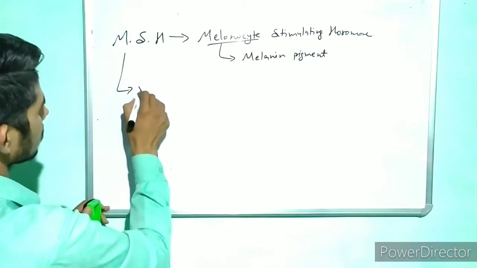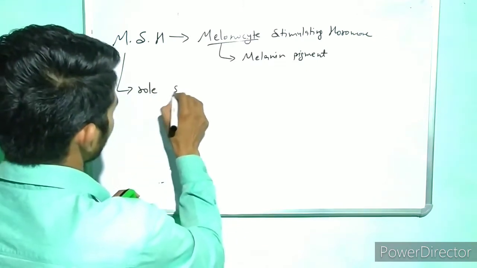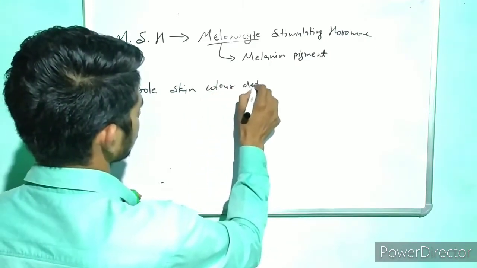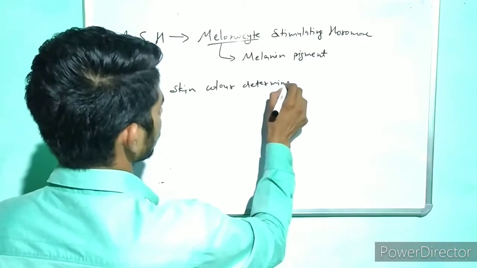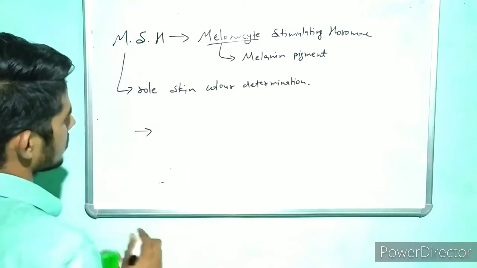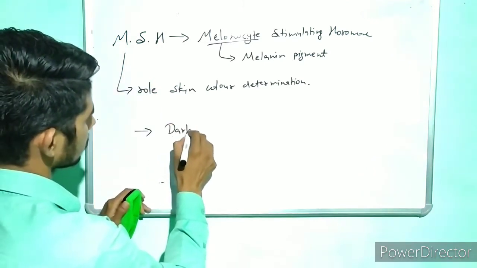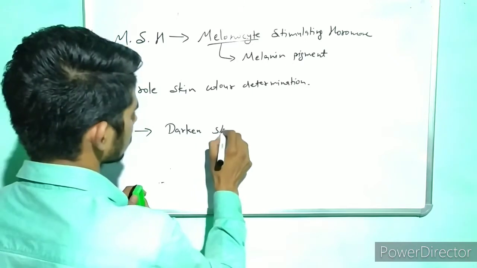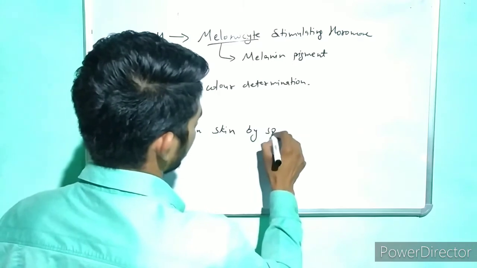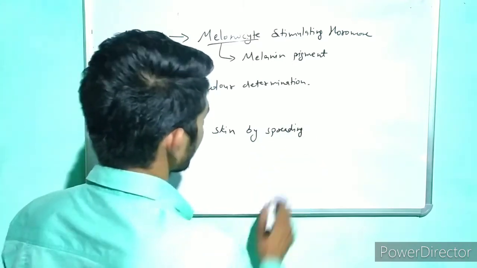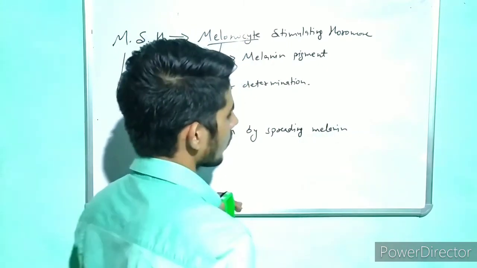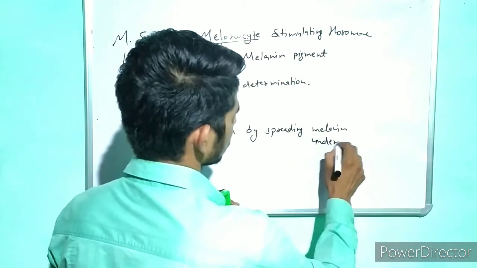MSH has a role in skin color determination. MSH darkens the skin by spreading melanin pigment under the skin.